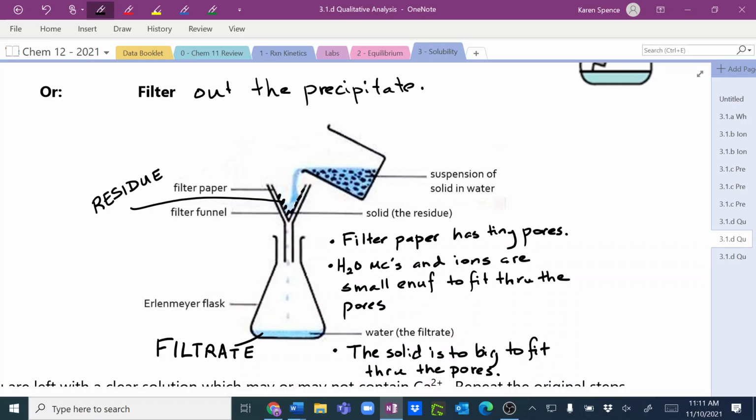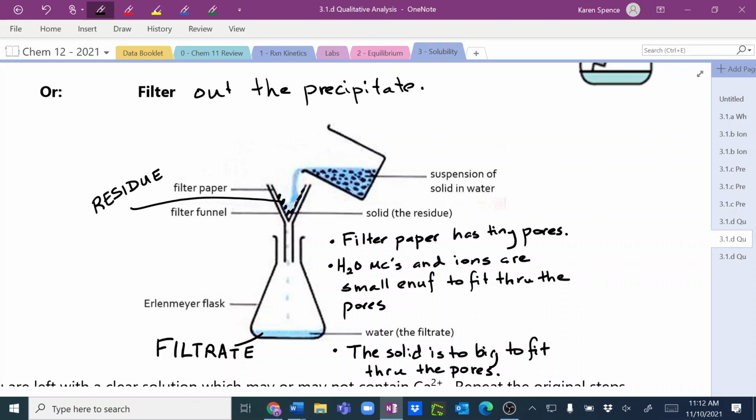Anyone do a filtration in Chem 11? How long did it take? So long, like watching paint dry, yes? Drip, drip, drip, right? Not particularly fun and exciting.